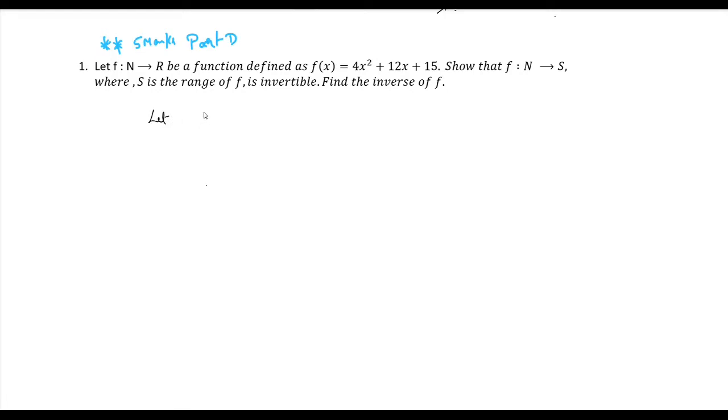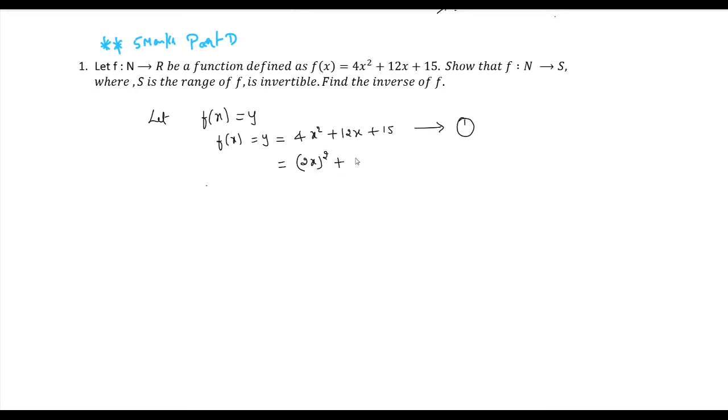We'll call this function f of x is equal to y. So we can write this as f of x is equal to y, but f of x we are given as 4x square plus 12x plus 15. Let us call this equation 1. We will complete the square because we are given a quadratic equation. First, we have to express x in terms of y. For that, we will write this as 2x whole square.